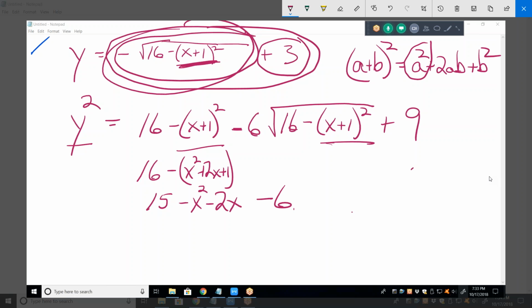And then under the radical sign, notice that same thing: 16 minus that same thing. So it's got to be that same thing right there. In other words, I don't have to spend time doing that math. And then I have that.